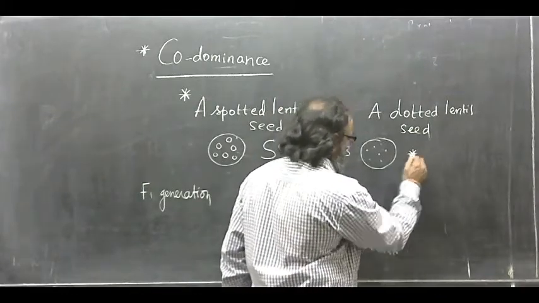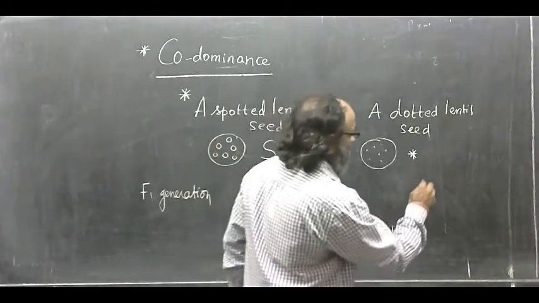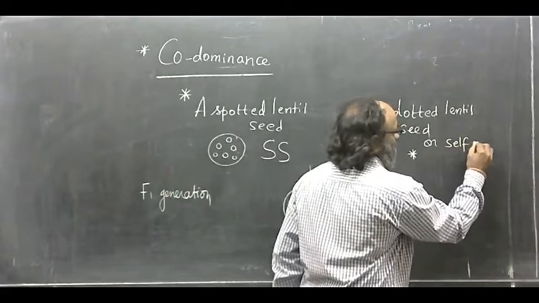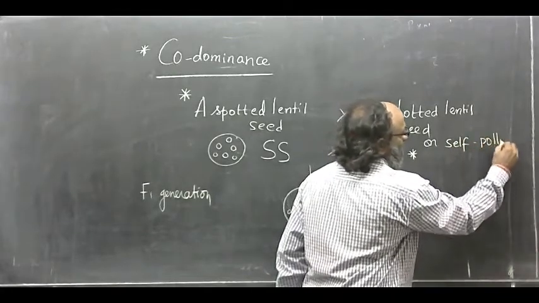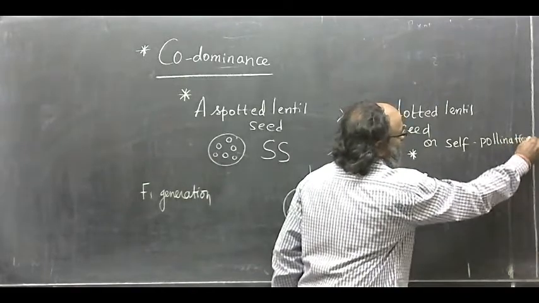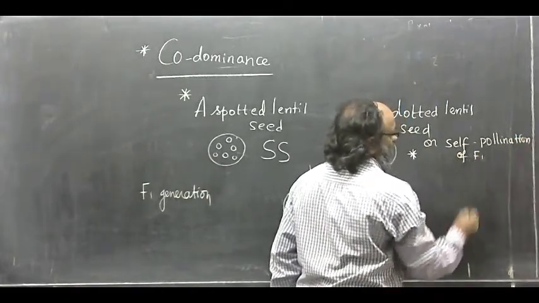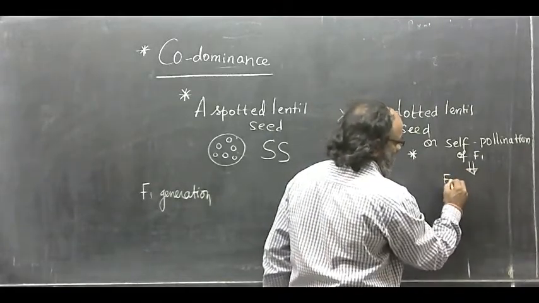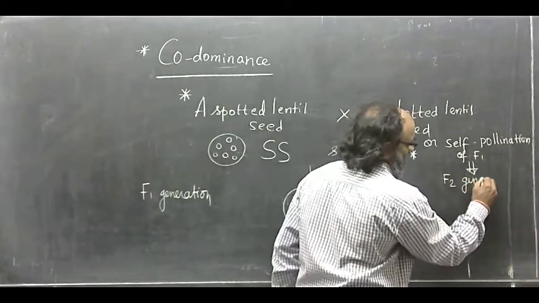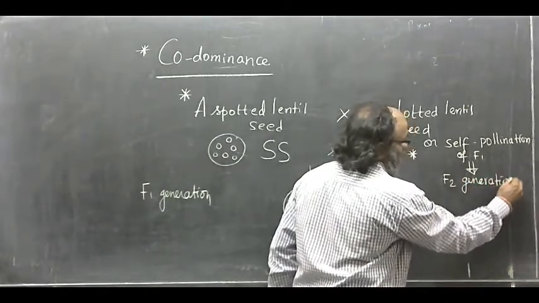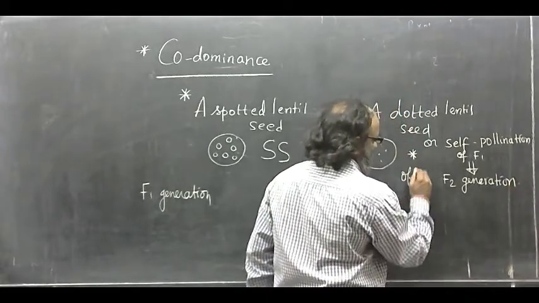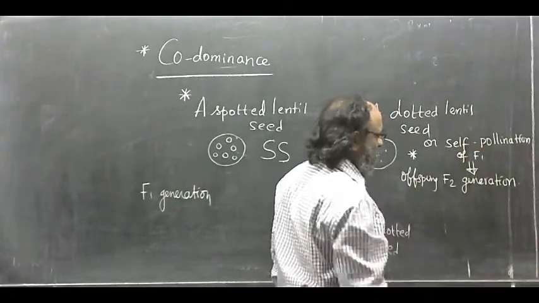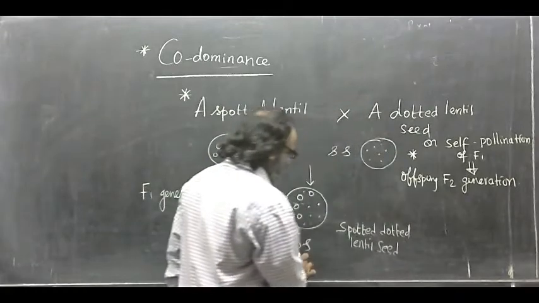On self-pollination of F1, we will get offspring of F2 generation. What is the genotype of F1?